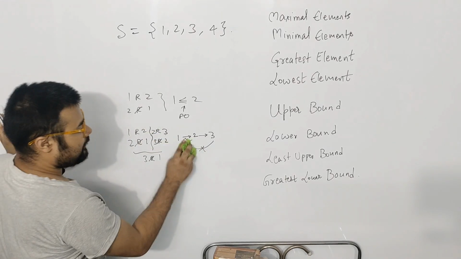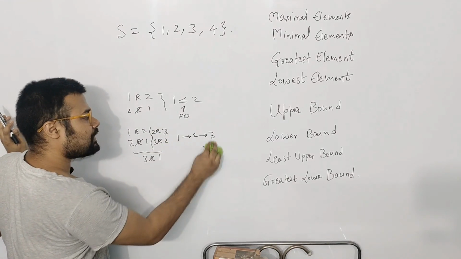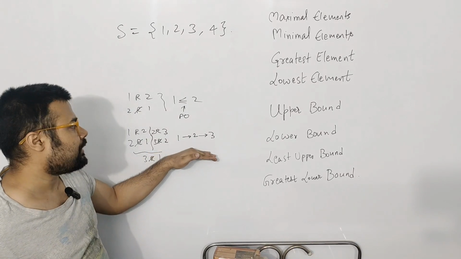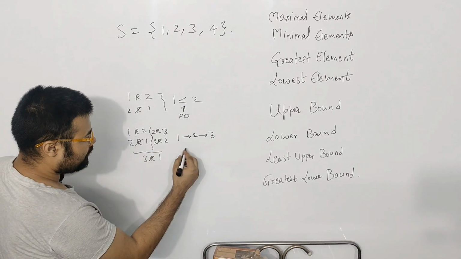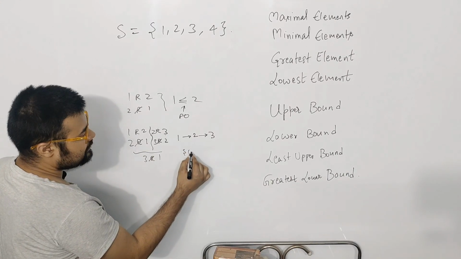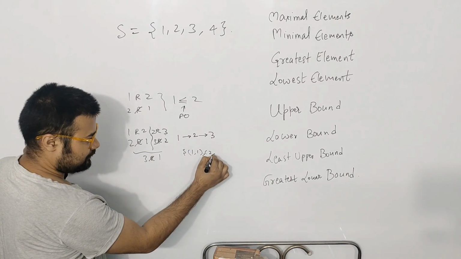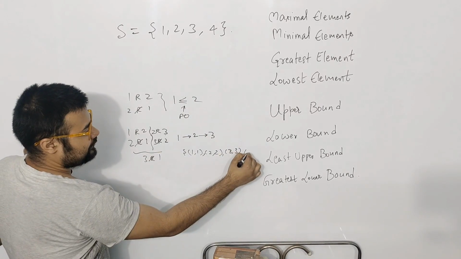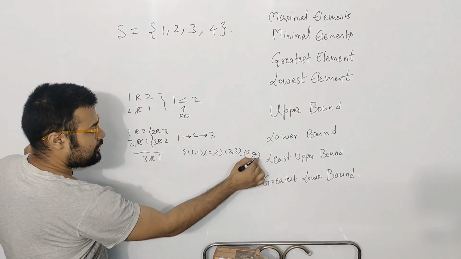So because of these conditions, antisymmetry and transitivity, the elements that are involved in your ordered pairs. So what are the elements that are involved in ordered pairs? 1, 2, and 3. How? Because your relation now has (1, 1), these are the reflexive pairs. So apart from this, in your reflexive pairs, (4, 4) will also be here.